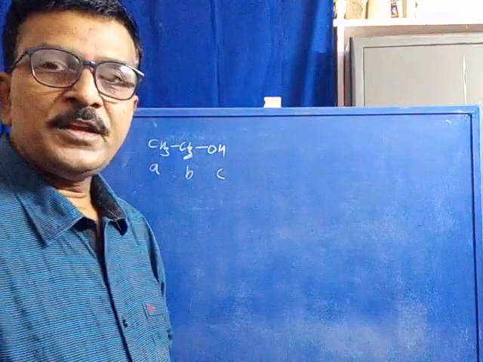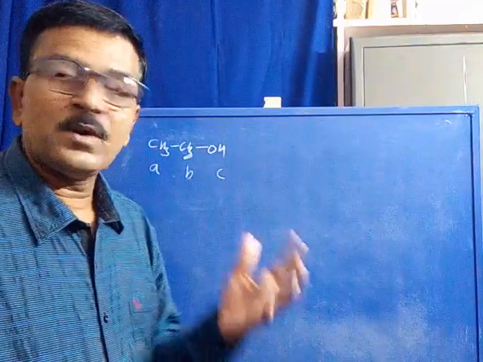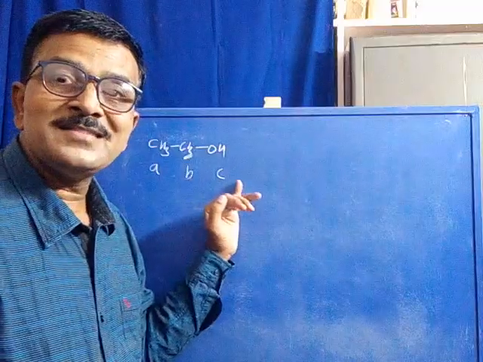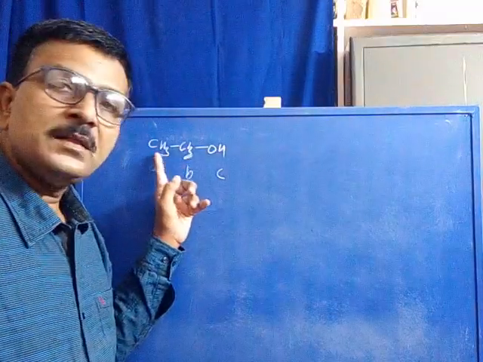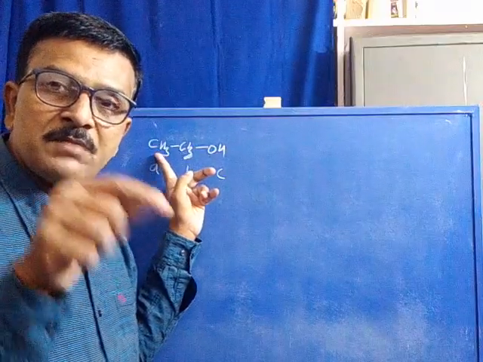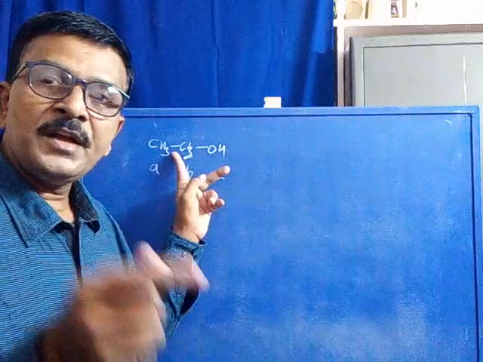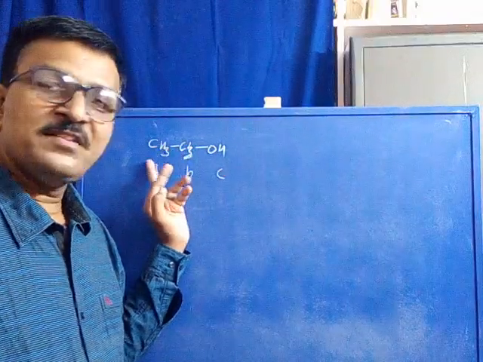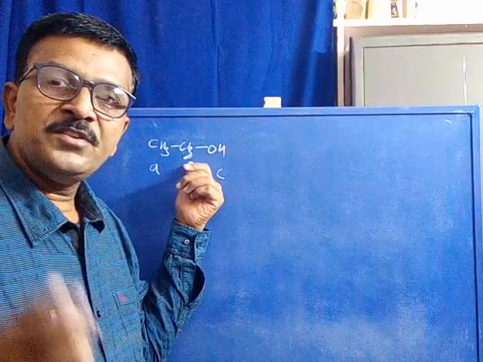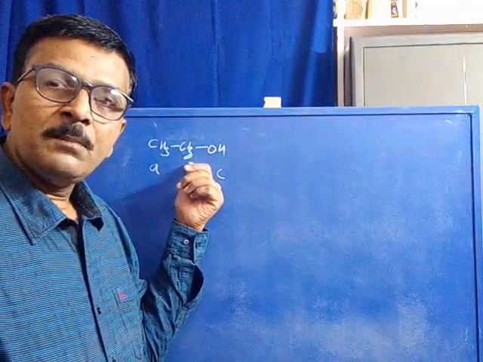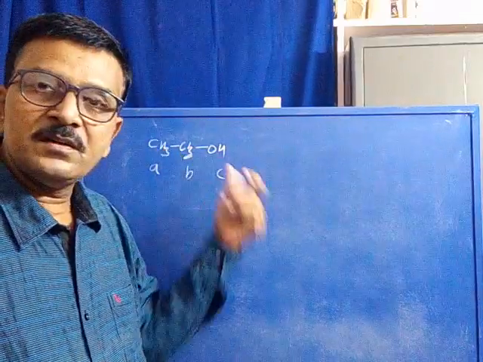So this molecule consists of 3 groups of protons, or 3 sets of protons: set A, set B and set C. We already discussed that all the 3 protons of CH3 are equivalent, belong to one group, absorb energy at the same frequency and produce one signal. Similarly, the 2 CH2 protons absorb energy at the same frequency, but it is different from CH3, so a second signal. This is the third signal now.